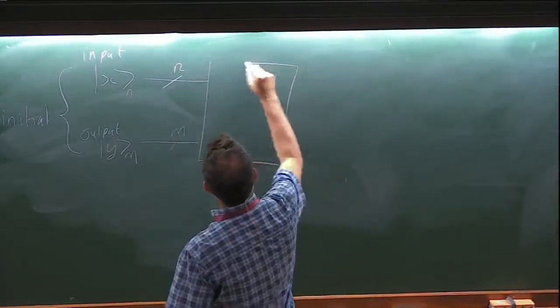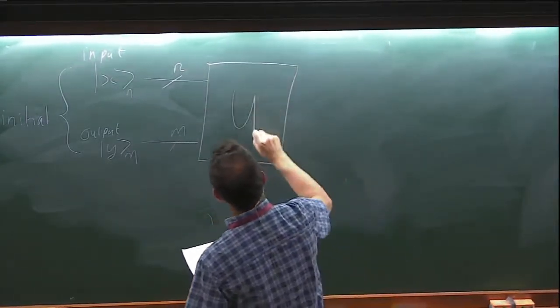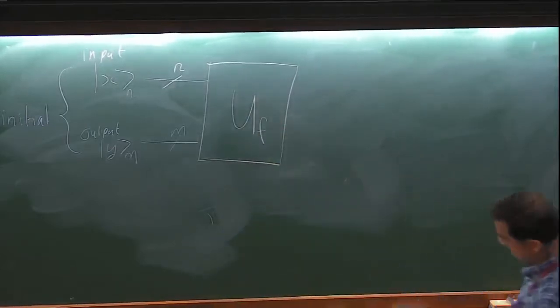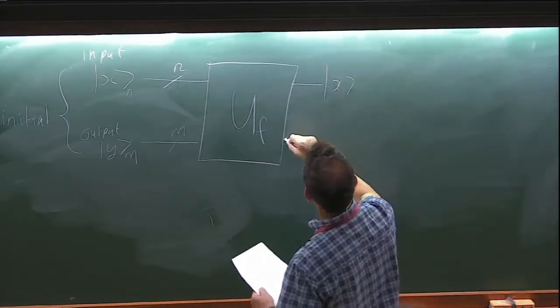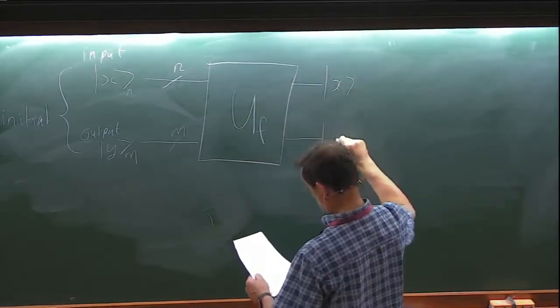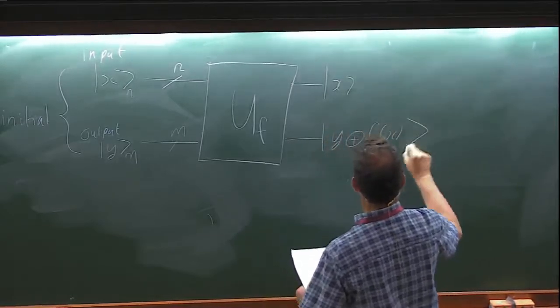There's some function here which we would need to know how to compute. And the final state is x and y exclusive or f of x.